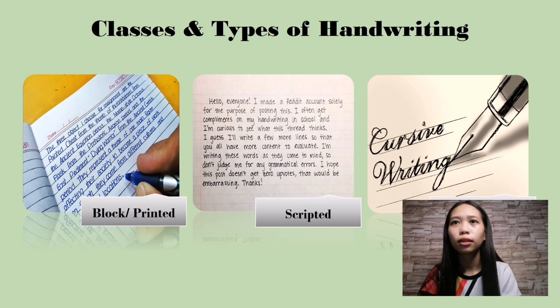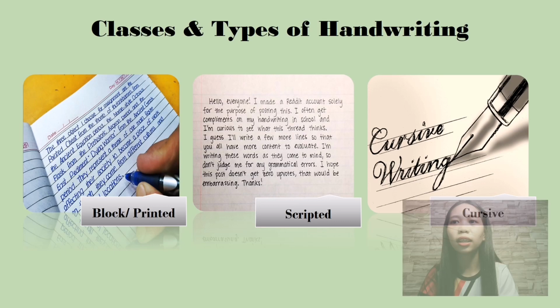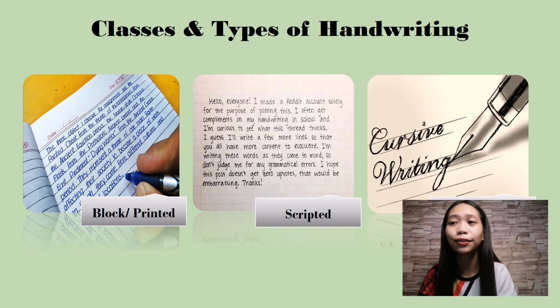Scripted. Scripted handwriting is in the middle one. The letters and the words are separated, a specimen of writing characterized by disconnected strokes. So they were not connected. You can really see it in the middle. Cursive writing, so the letters in the words are, of course, connected.